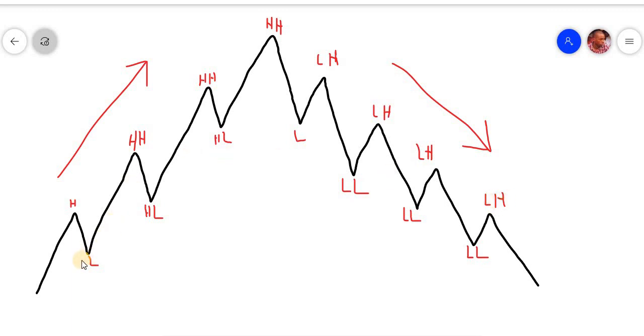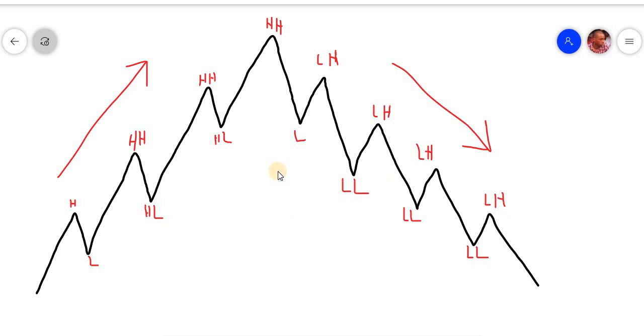Actually, an uptrend is characterized by price making higher highs and higher lows, while a downtrend is characterized by price making lower highs and lower lows. So take note of that.